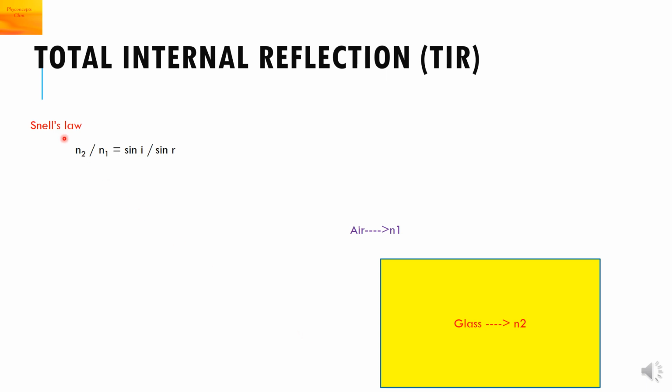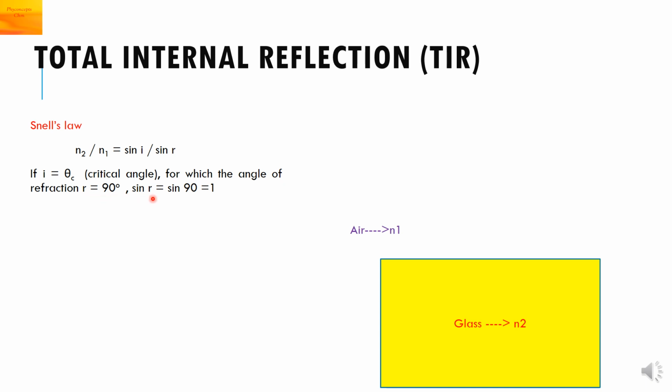We have written down Snell's law in the earlier slide, the same formula we use. Now, if I is equal to theta c, it is called the critical angle, for which the angle of refraction is 90 degrees.